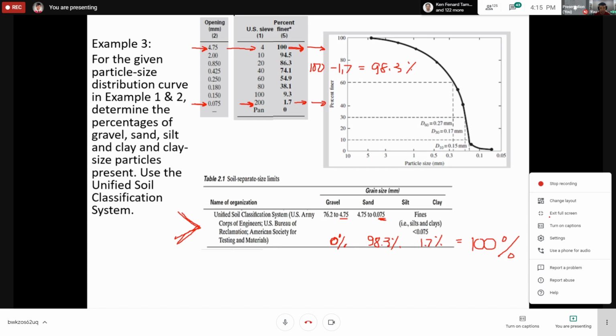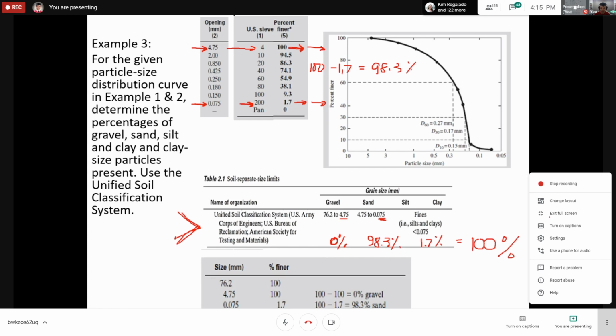So, you will see that later on. Okay, so that's the answer. So, 100 minus 100.